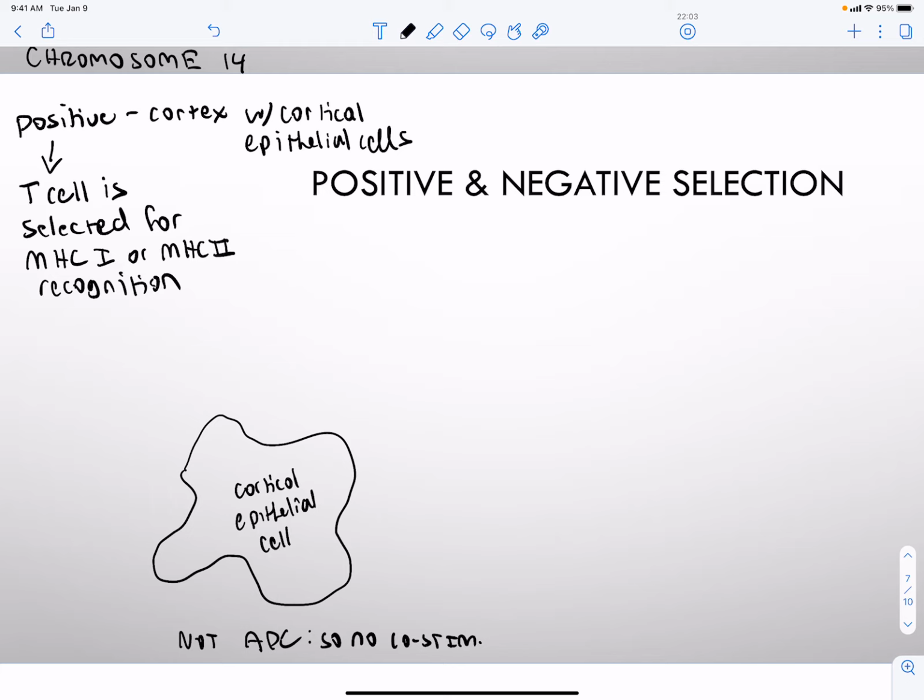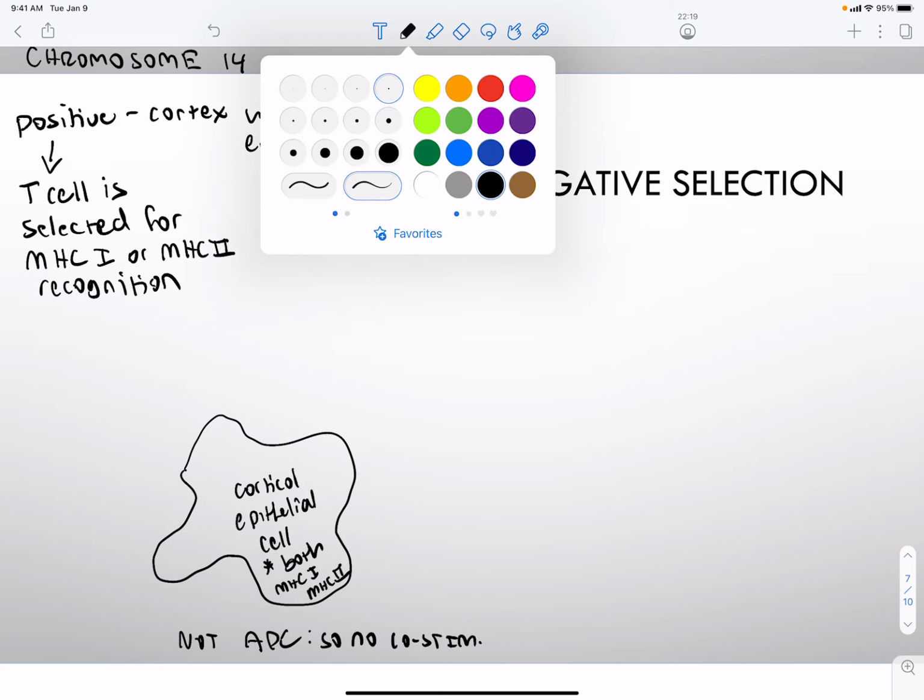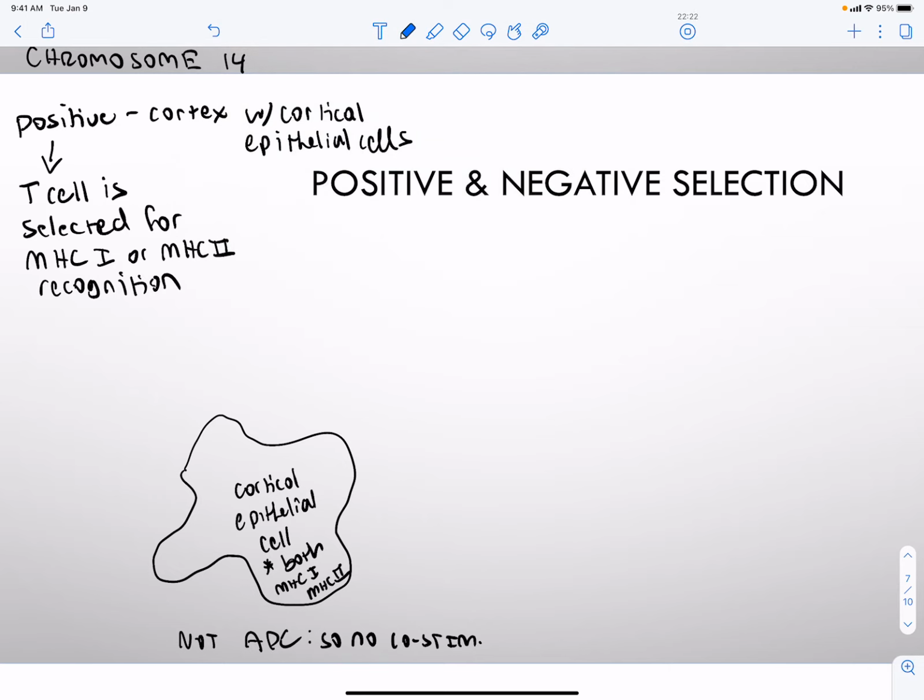All it can do, like any other nucleated cell, is express MHC on its surface. Now, the cortical epithelial cell is unique because it can express both MHC1 and MHC2. So it'll have on its surface, for example, an MHC2 molecule, and it'll also have on its surface an MHC1 molecule with beta microglobulin.